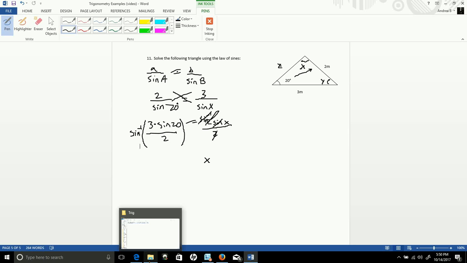So it looks like our angle X is approximately 30.87 degrees, because we're dealing with a degree angle here.